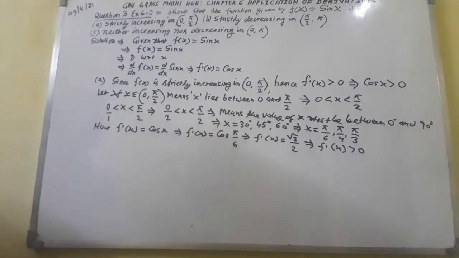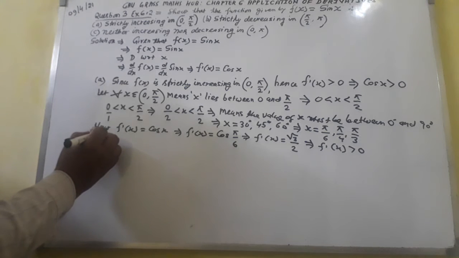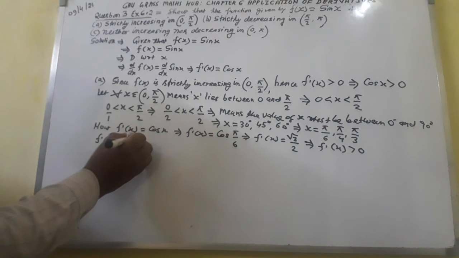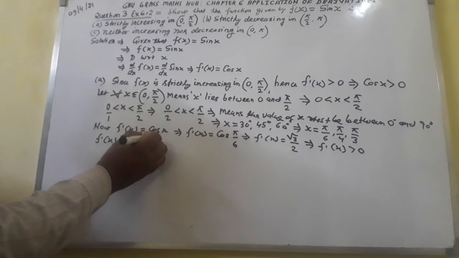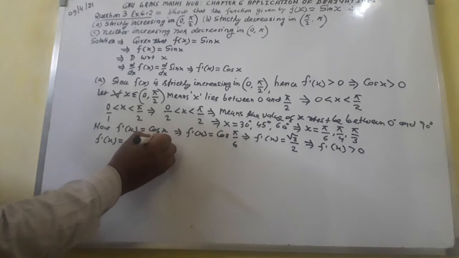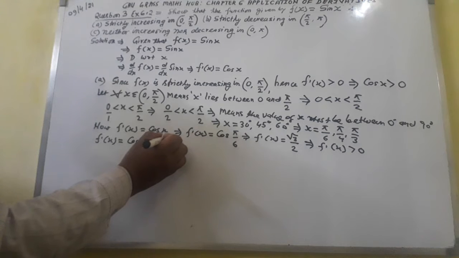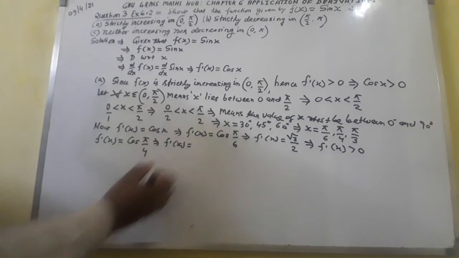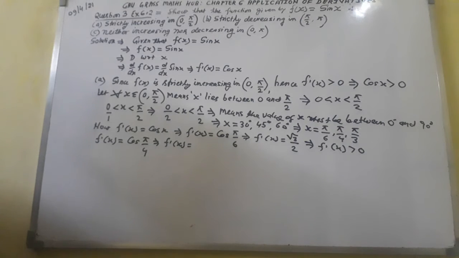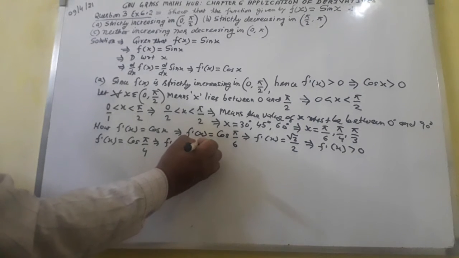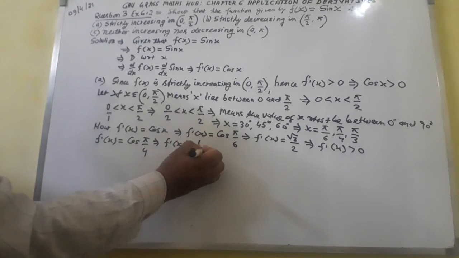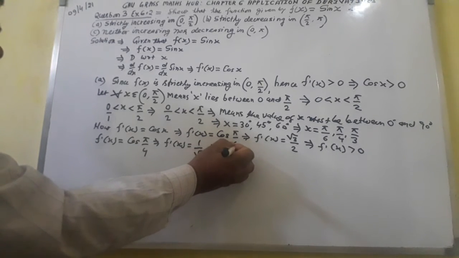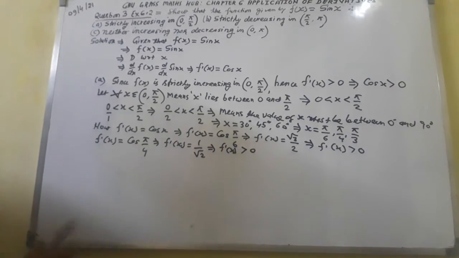Again, f dash x equal to cos pi by 4, which implies f dash x equal to 1 over root 2, so again f dash x is greater than 0.